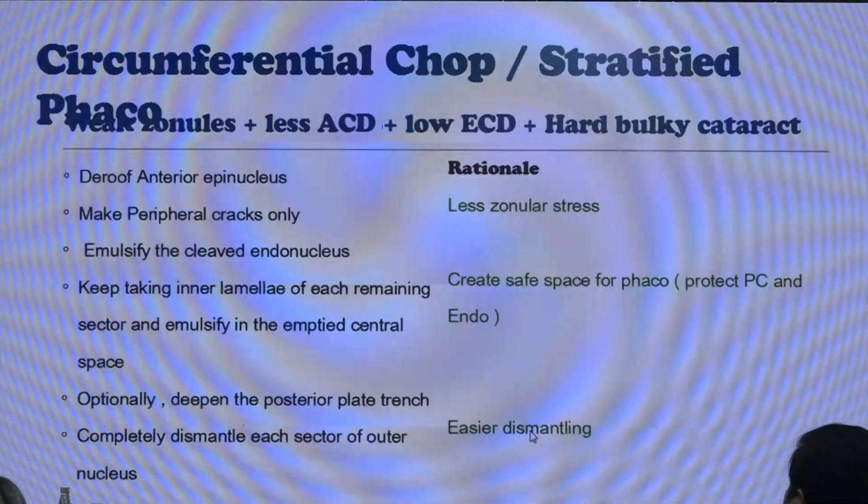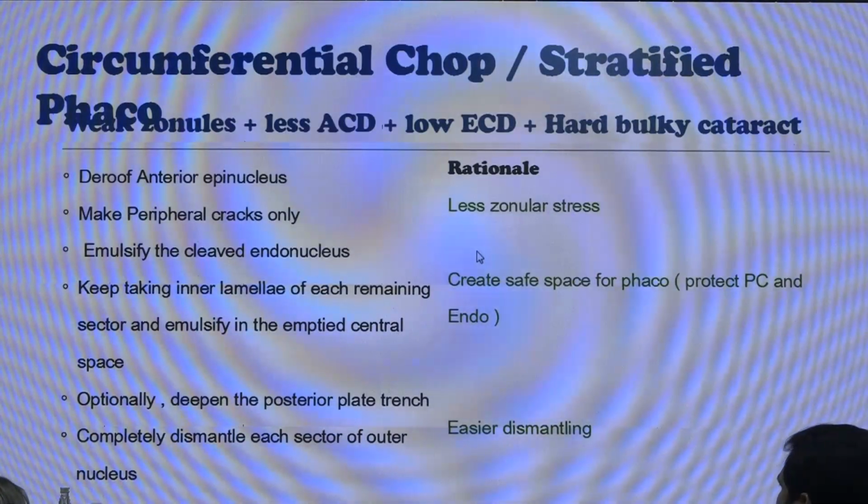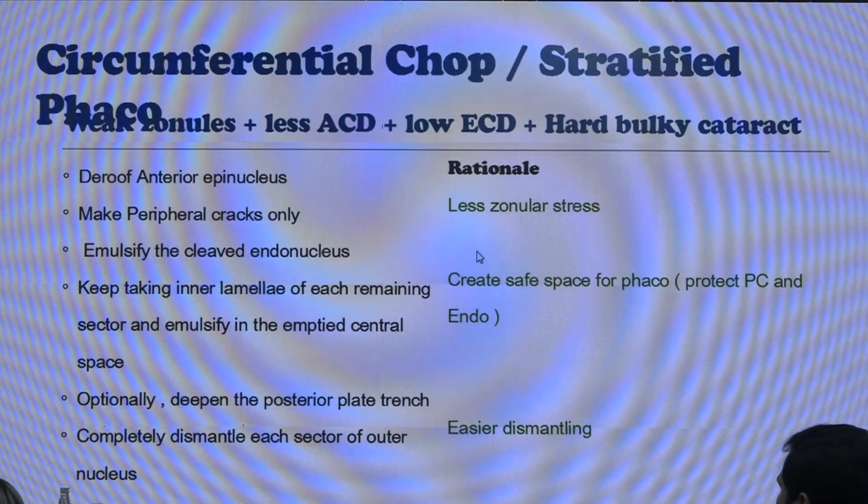So the rationale behind this technique, and this is probably the only addition that I can suggest to the generally understood dictums of managing nanophthalmic eyes, is this technique where basically you make a deroofing in the anterior epinucleus, then you make peripheral cracks only. Don't try to take them to the posterior plate.